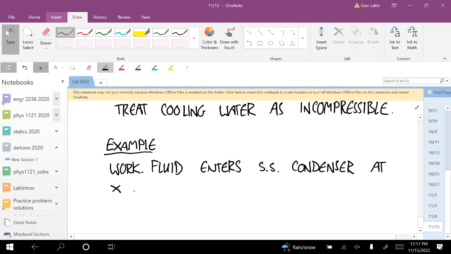So let's say that the quality is 0.6. And the pressure is 0.2 bar. And the mass flow rate of the working fluid is 4.0 kilograms per second.